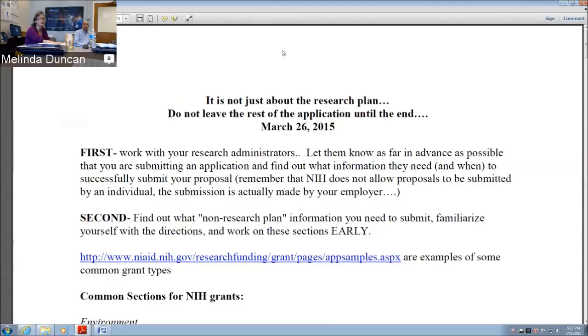And some of the things that are quite remarkable is that they actually have up there full grants that have been submitted that fit the examples that they decide are exactly what you want. You can actually look at fully funded grants that were funded through NIAID. So if you go there, you'll be able to download complete applications, and you can get a real idea of how people have effectively done all of the environment page sections. And I would really encourage you to go to that site.